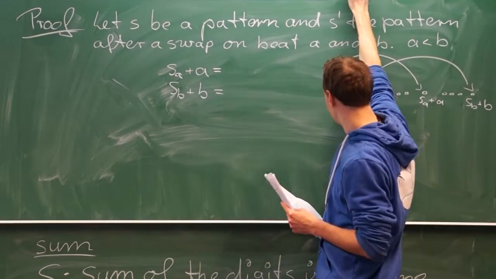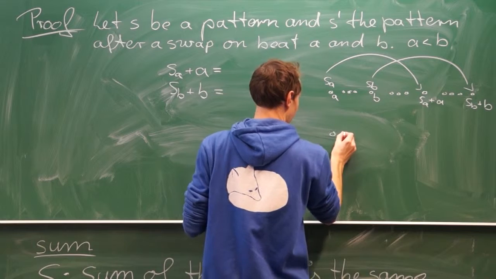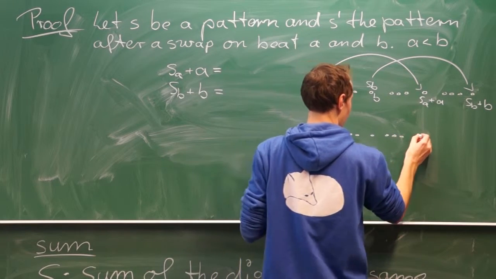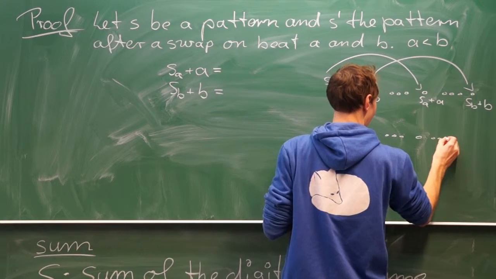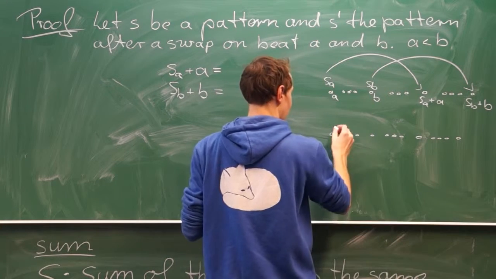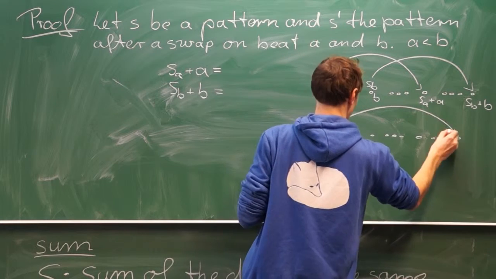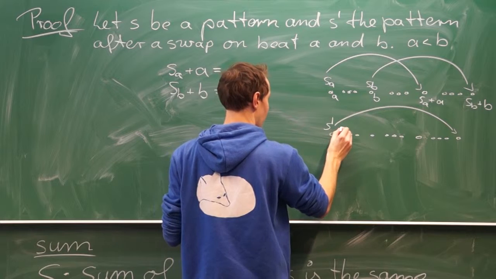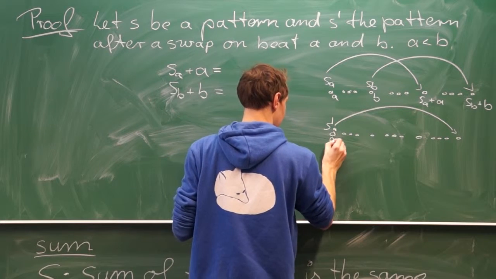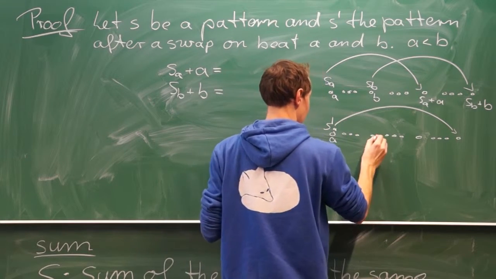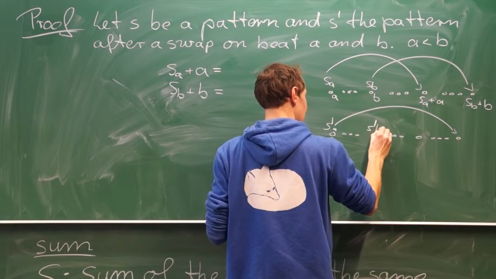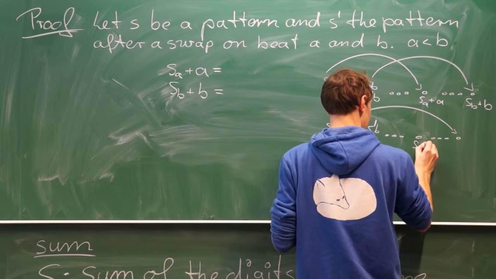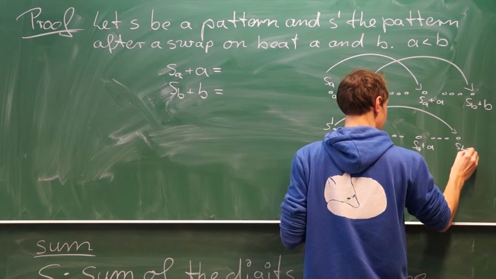And in the swap operation, I now have that this row, I'm going to call it S prime from A, this will be A, this will be B, this is S prime from B, and this is the same as A plus S_A, and this is B plus S_B.